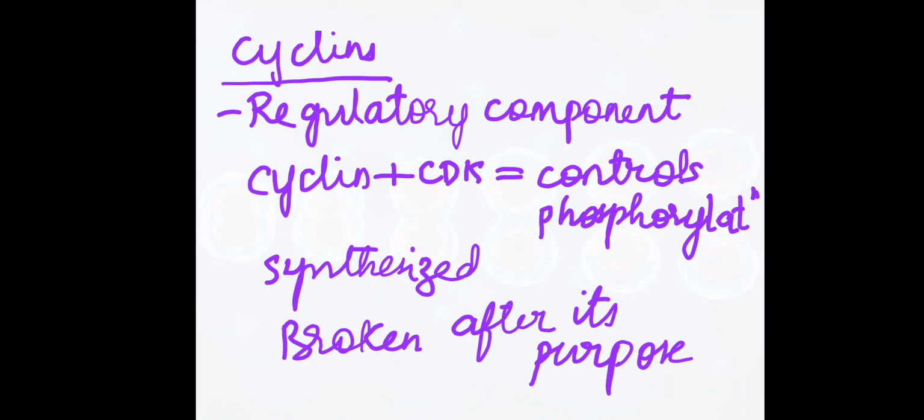There is a signal peptidase which cleaves the signal peptide, the targeting sequence or signaling sequence. The signal peptidase breaks that signal when the protein has been delivered to the particular destination, right? It is similar to that.